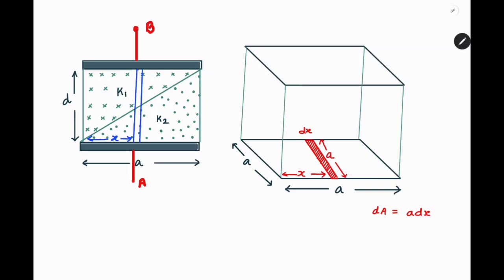This is the patch we are talking about. If we say that this distance from the lower plate is y, then the left out distance is equal to d minus y.